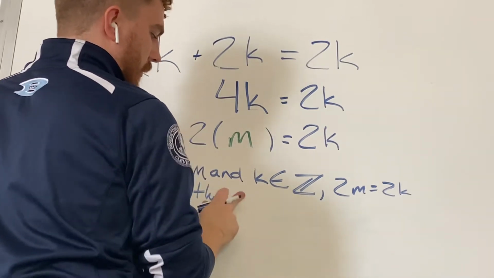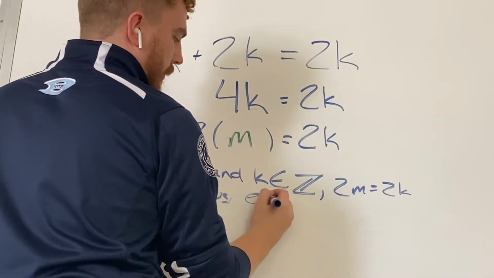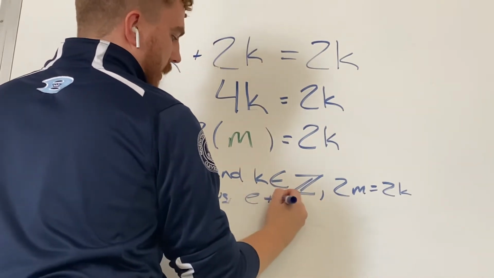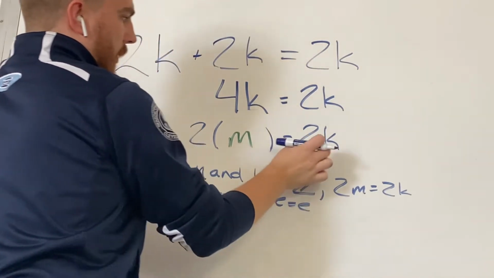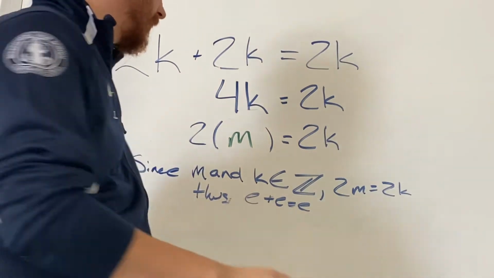Thus, even plus even is equal to even, because that's what we get here. So that's a slightly alternate explanation.